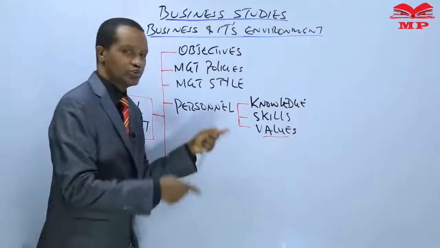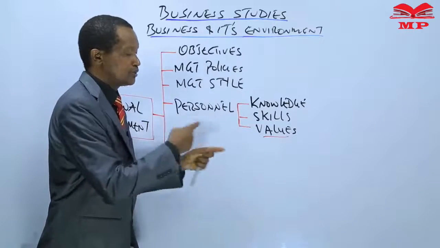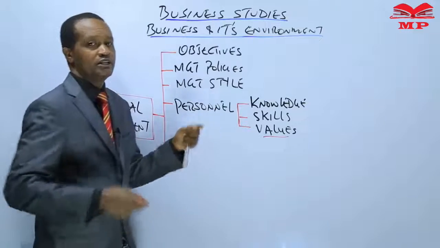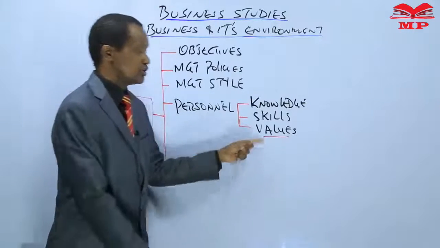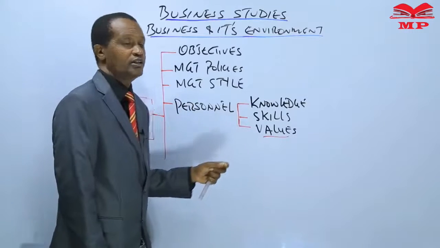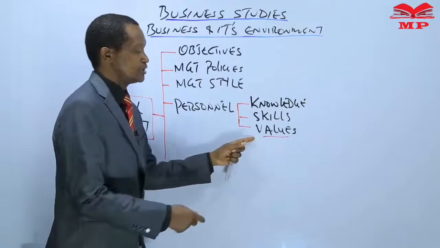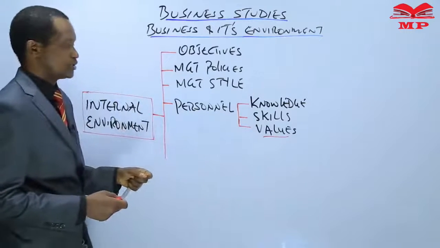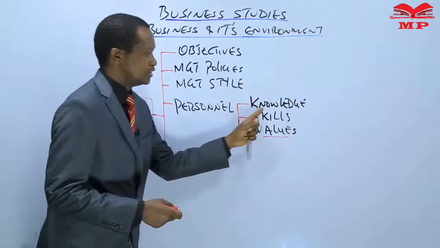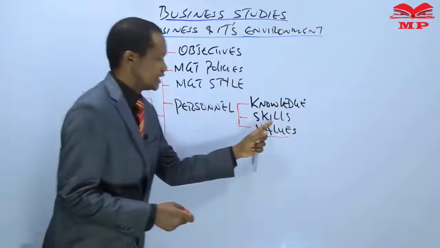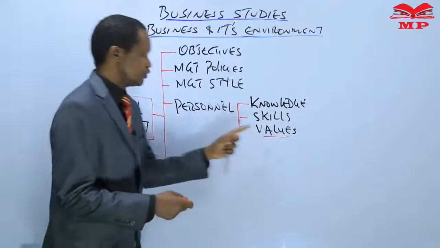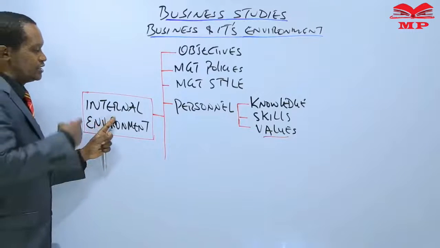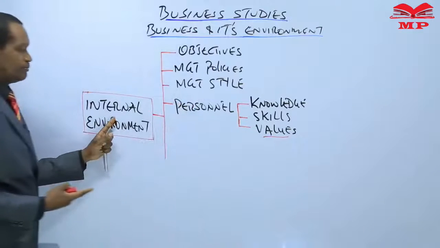So the core values of the employees plus the management will determine how the company responds to these challenges, because these challenges can either break the business, or make the company grow. All right, so personnel knowledge, personnel skills, and personnel values will determine the success of a business.